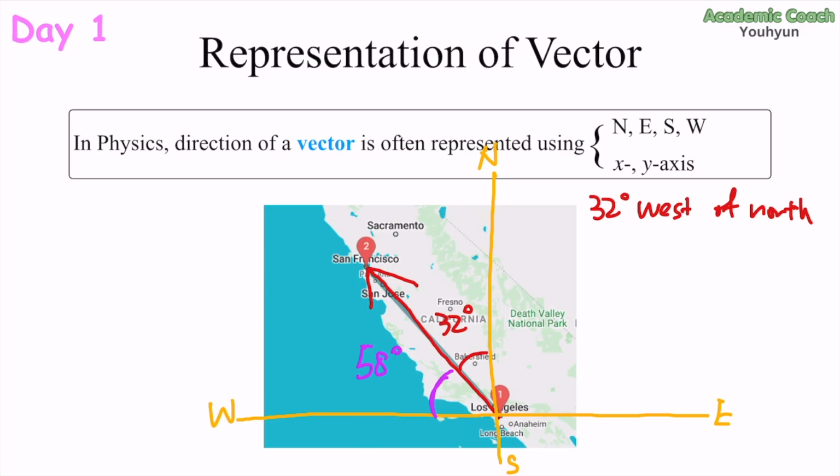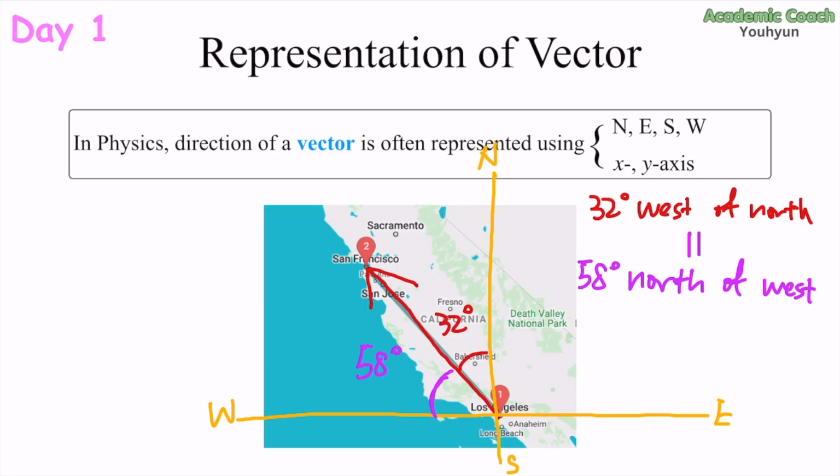So this vector, the same vector, has a direction of 58 degrees north of west. And these two refer to exactly the same direction.